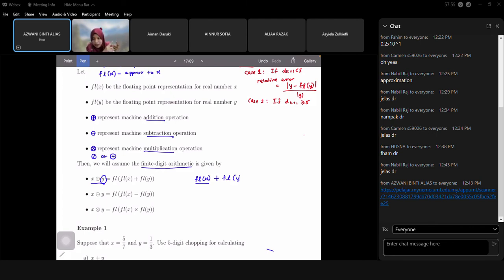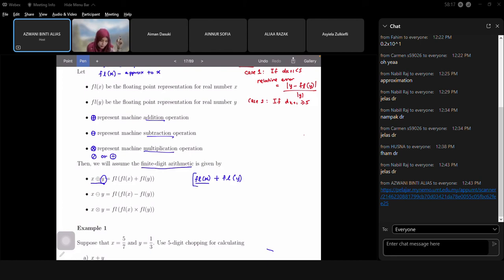You need to find the normalized form first, then find the floating number according to the question, whether chopping or rounding. Find the floating number of X, find the floating number of Y.